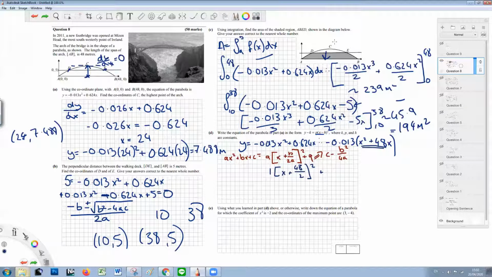So that's 48 squared over 4, and that ends up being 576, with a minus. And that ends up being that whole bit here, so it goes to x squared plus 48x plus 576 minus 576. So that's us completing that square.